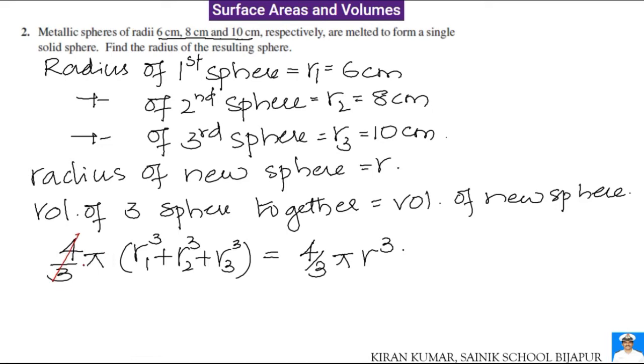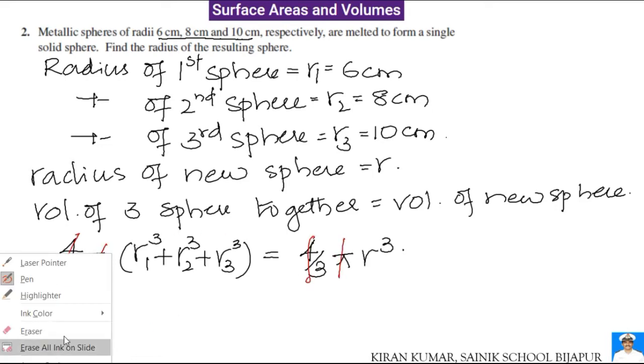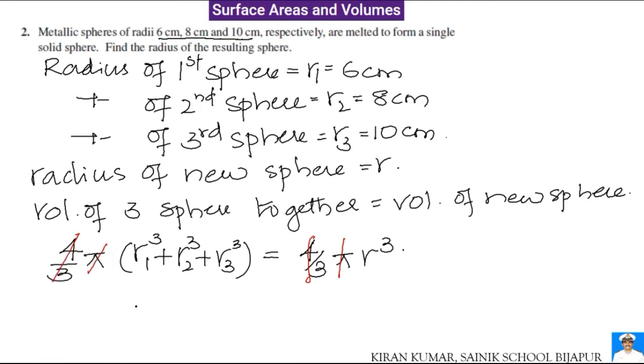You have 4 by 3 pi in both left hand side and right hand side, hence they get cancelled. Let us substitute the value here. R1 cube is 6 cube. So 6 cube plus R2 cube is 8 cube plus 10 cube equal to R cube.